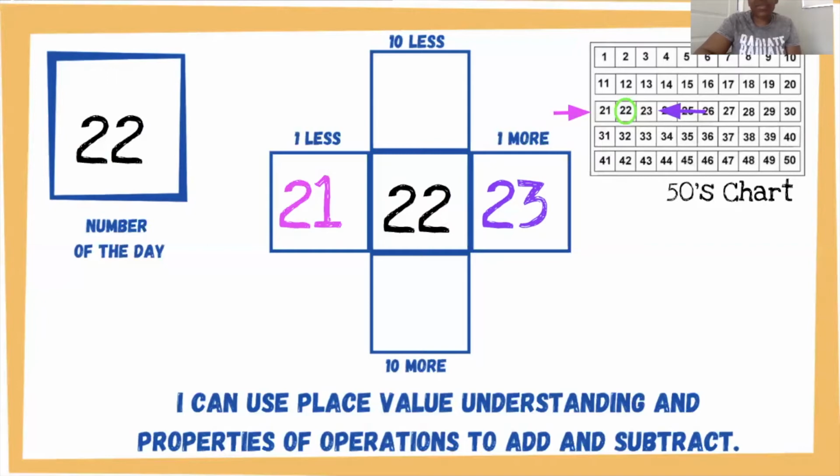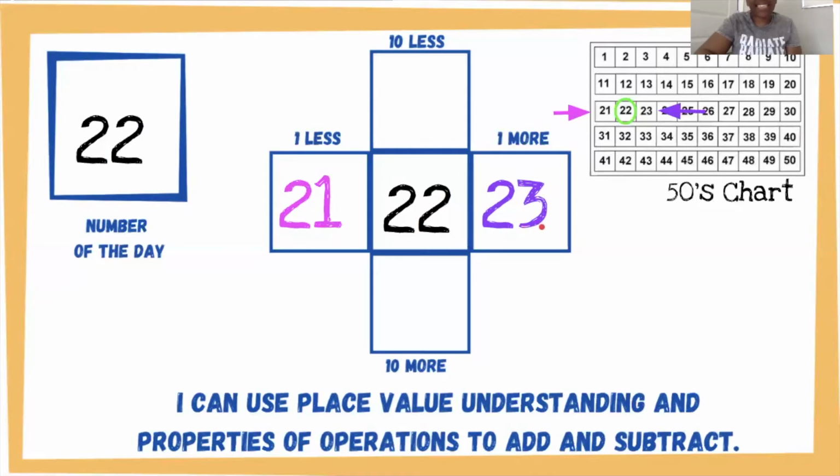Also, did you notice that in our ones place, each digit increases or goes up by 1? Let's take a look. 1, 2, 3. How cool is that?